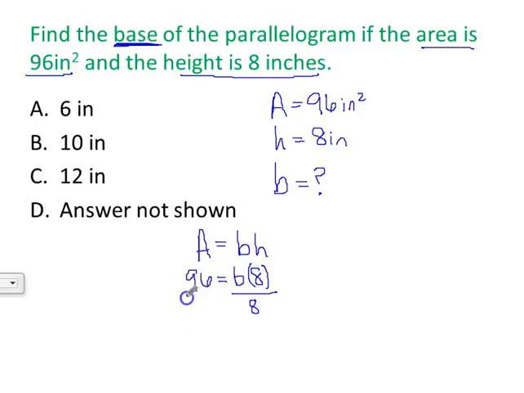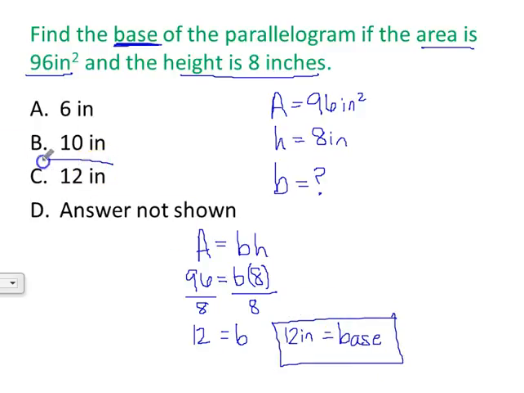So I'm going to divide each side by 8. And then one step away from finding our answer, 96 divided by 8 is 12. So 12 equals the base. Remember, I always want to put in my units of measurement. So 12 inches equals the base, which would be answer C.